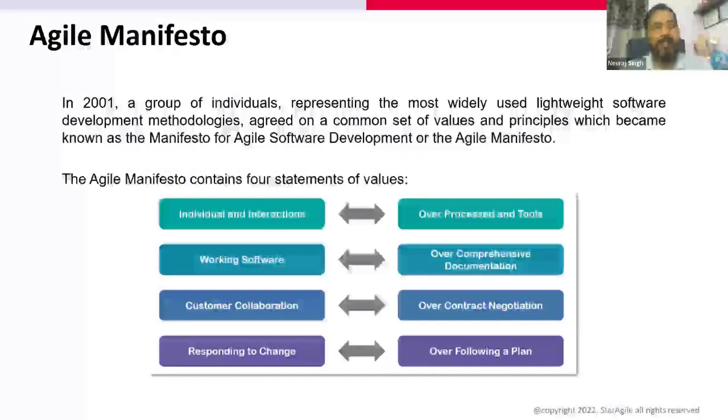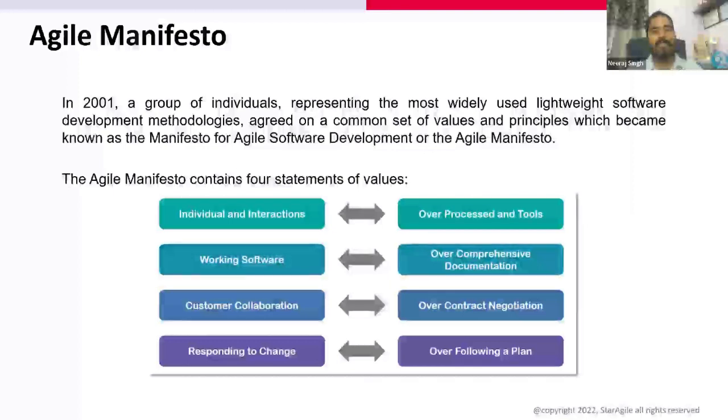Rather, a working piece of code is the primary measure of progress over comprehensive documentation. That's the reason in Agile we prefer lightweight documentation instead of wasting our time writing lengthy documentation, and rather use that time to build the product and showcase it to the customer.